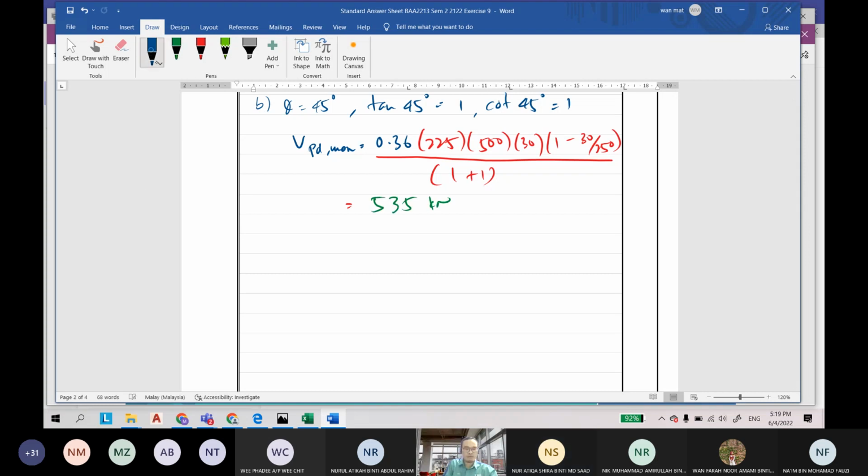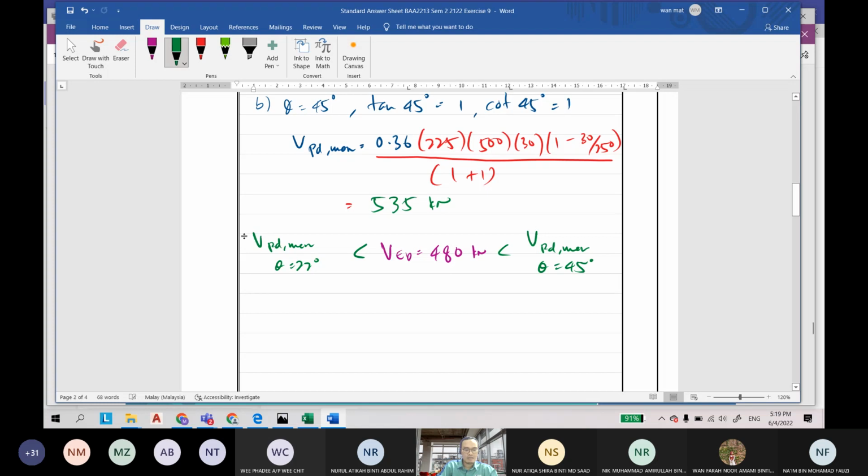So now we can conclude. Our VED is equal to 480 kilonewton, which is greater than VRD max for theta equal to 22 degree, but it is lesser than VRD max for theta equal to 45 degree.